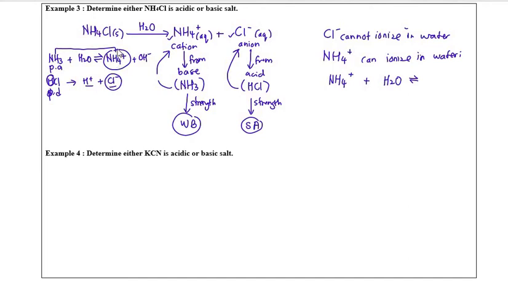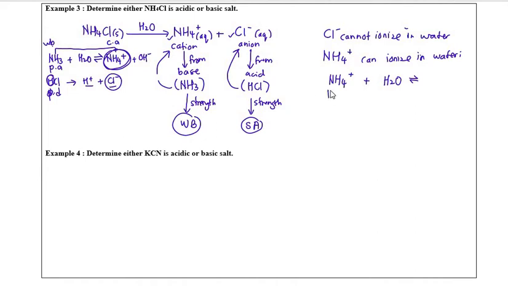So this partner is called the conjugate acid, because this is a weak base, so its partner is named the conjugate acid.